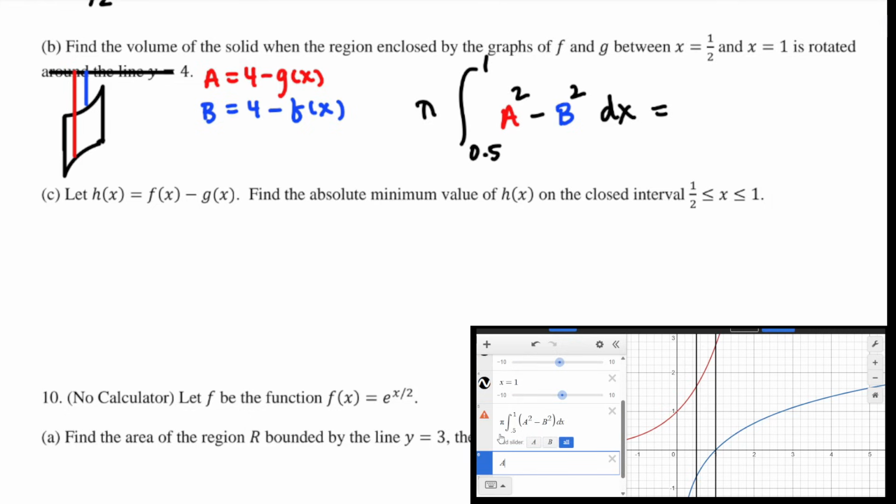Okay, now we're going to have to tell it what we mean by a and b. So a equals 4 minus g of x, and then b is going to equal 4 minus f of x. And then, okay, I don't need to be looking at that, 23.609.